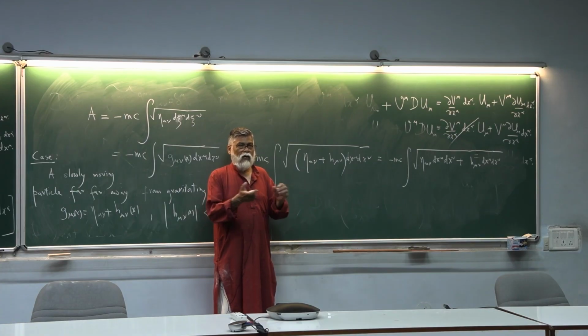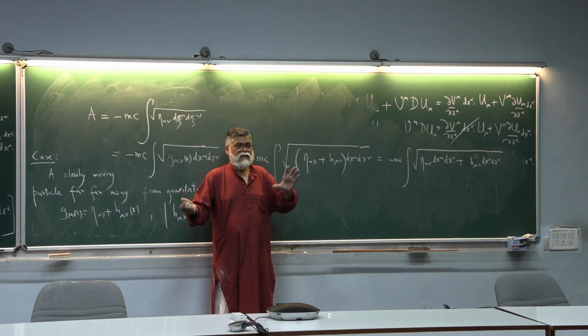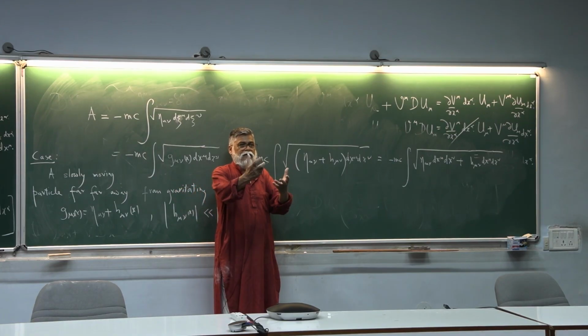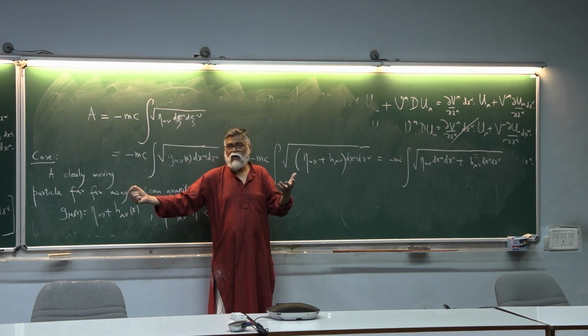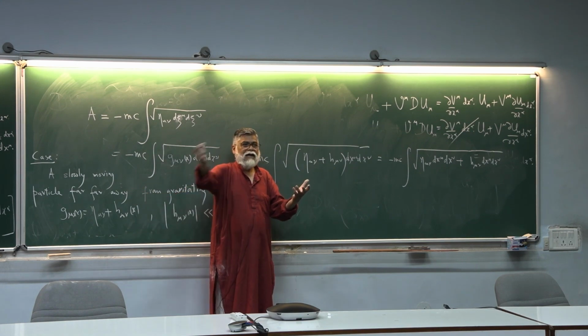So we are talking about a slowly moving particle, which is a test particle. Just like when we do electrodynamics, we say that an object has produced an electric field and I want to study the motion of a test particle.